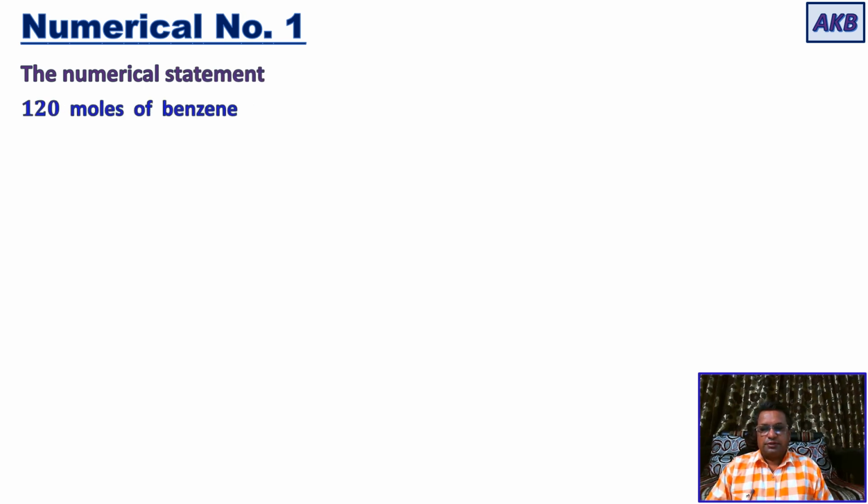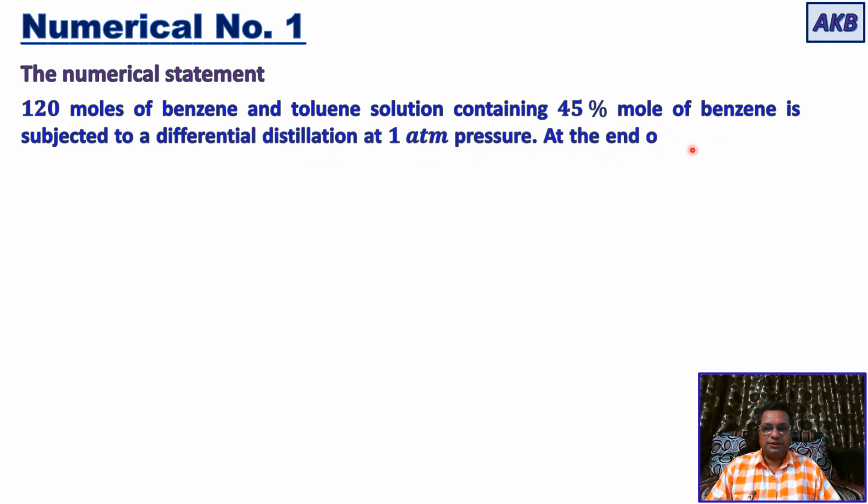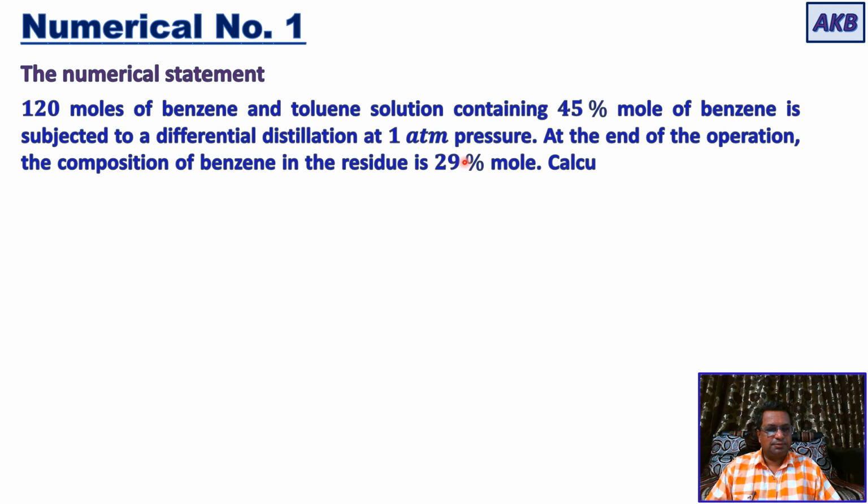So let me first tell you what is the numerical statement. You have 120 moles of benzene and toluene solution containing 45% mole of benzene is subjected to a differential distillation at 1 atmosphere pressure.